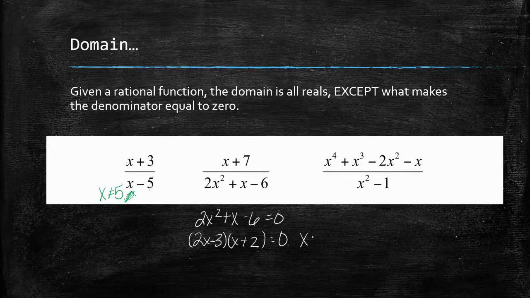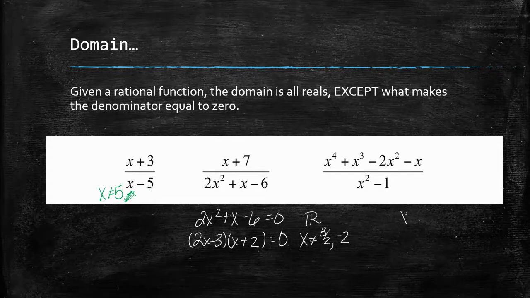So for this, x cannot be equal to the values of 3 halves or negative 2. So it's all real numbers except positive 3 halves and negative 2.